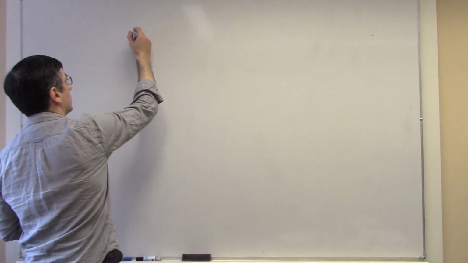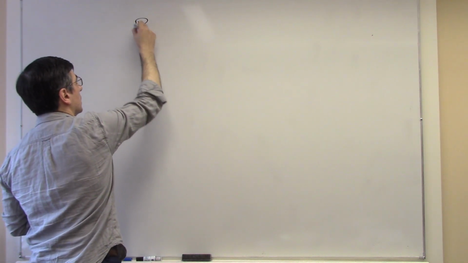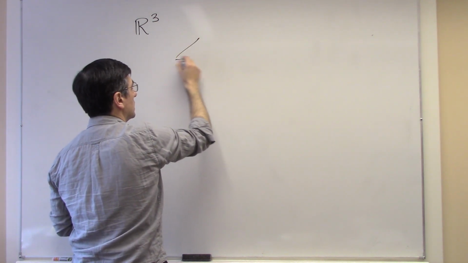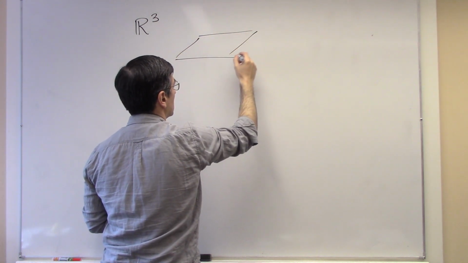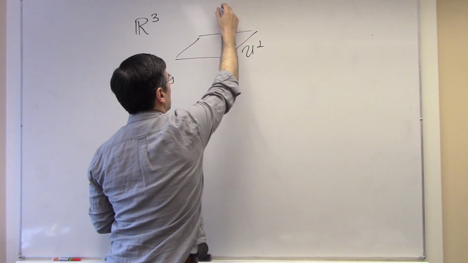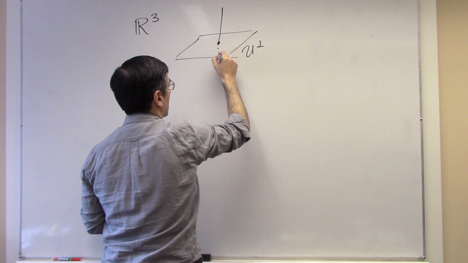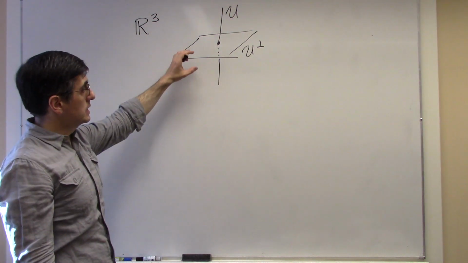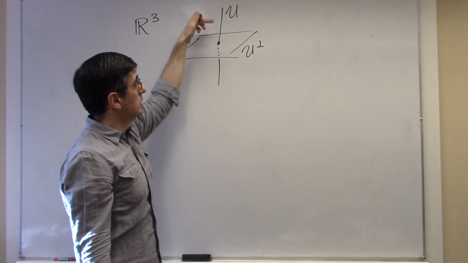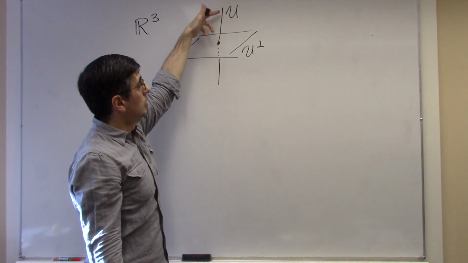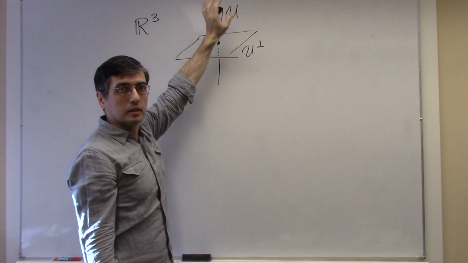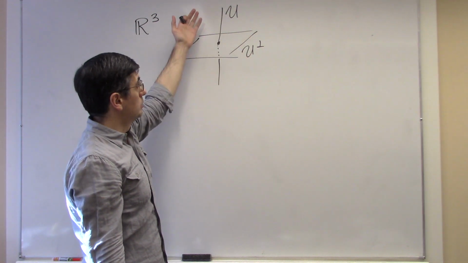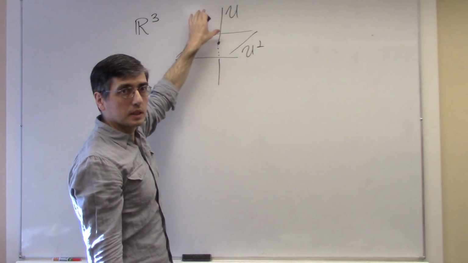So if you have R3, and say U was a line, and this is the orthogonal complement, then the statement of the theorem says that R3 is a direct sum of U and the orthogonal complement, which is more or less clear.